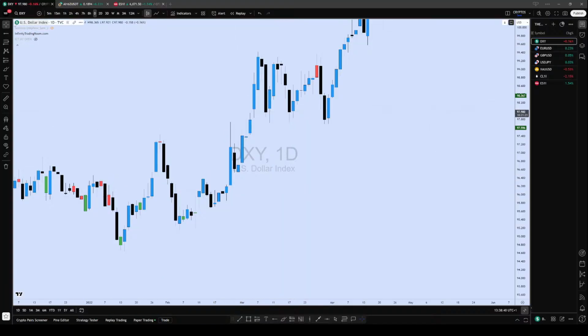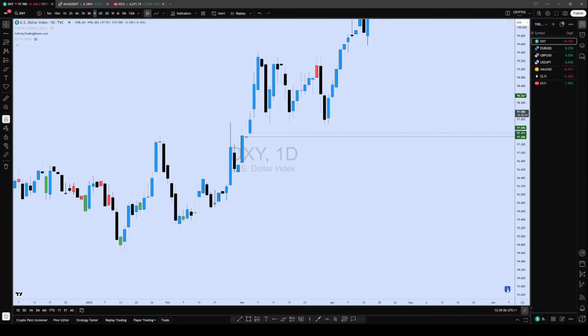So I think we might have something over here. We do have this one, which is a volume imbalance, and then that volume imbalance, and then this gap.